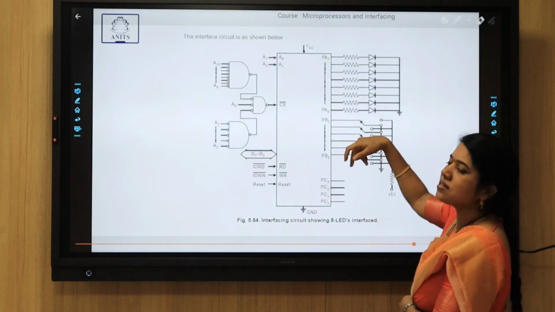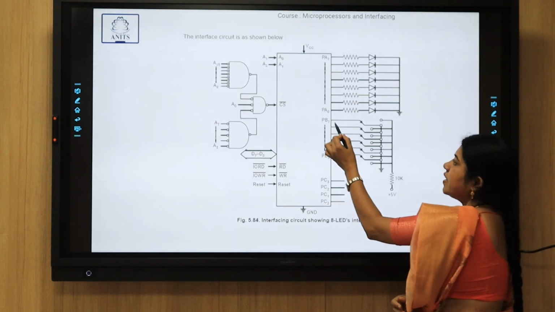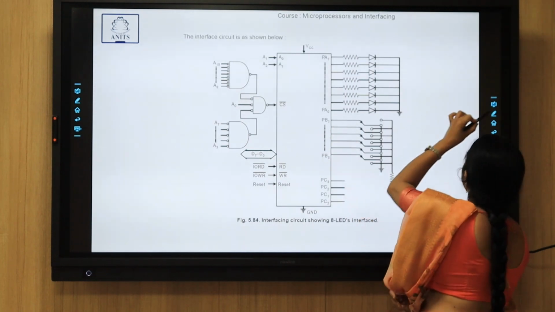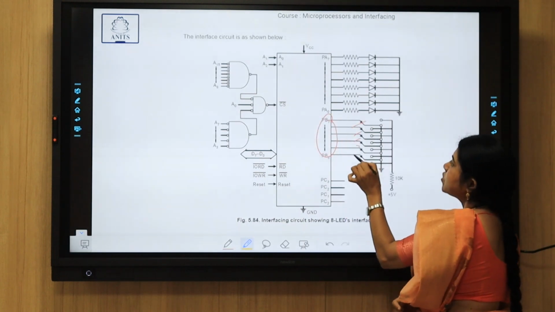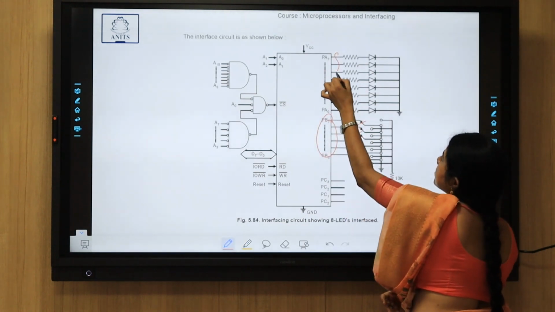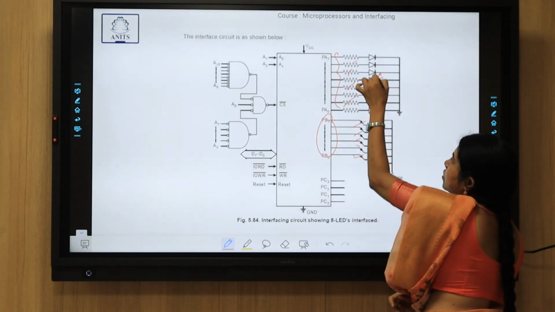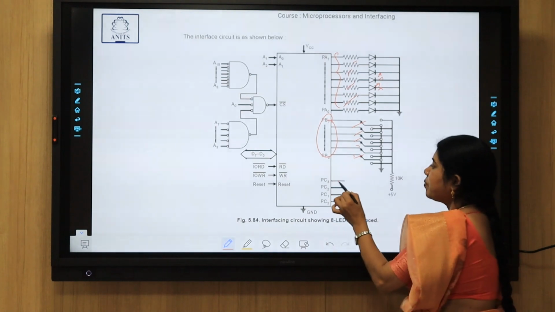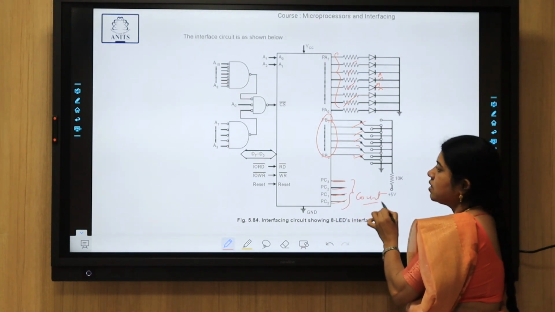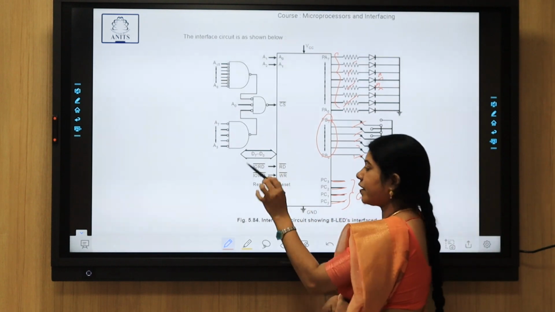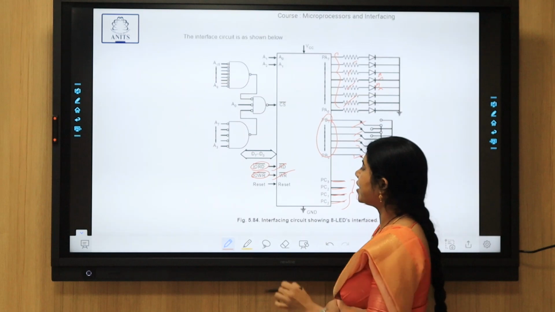This is the diagram which is representing it, where the switches are connected to port B. These are the 8 switches connected to port B, and these are the 8 LEDs that are connected to port A, and port C lower is used to display the count. According to the requirement, IO read and IO write signals must be connected to read bar and write bar.